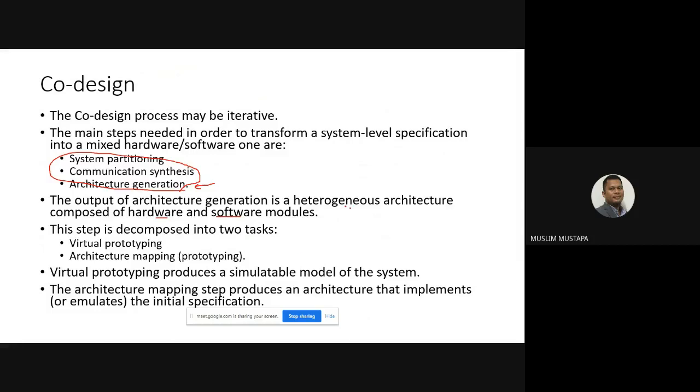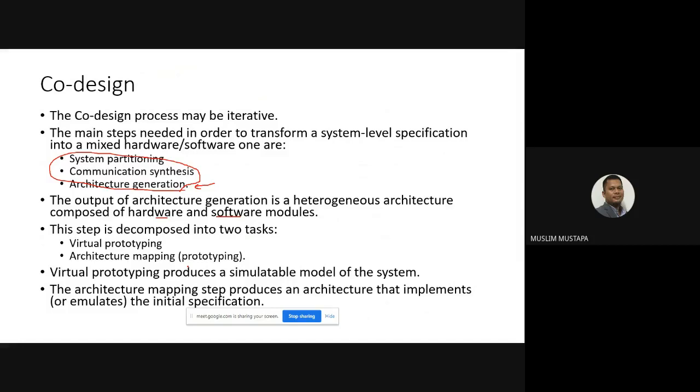This step is decomposed into two tasks: virtual prototyping and architecture mapping, which is prototyping. Virtual, like I said before, is more on the software part, the simulation part, to make sure everything is functionally correct. Take FPGA for example. With FPGA you can do it by software first.